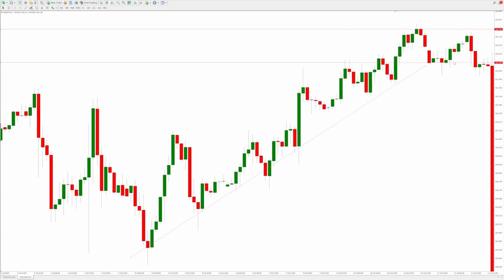Okay, and what we're looking for, you can either mark it using the candle bodies or the candle wicks. And what we're looking for is price to break below this level here, break below the neckline of the double top candlestick pattern, and that will give us our entry based on this particular candlestick pattern.